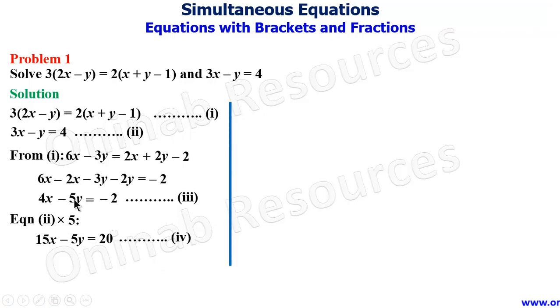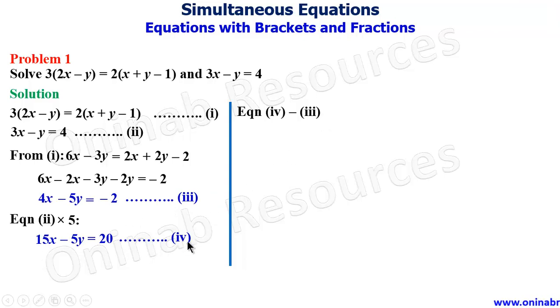Now we are going to subtract equations 3 and 4 in order to eliminate y. Since we have -5y and -5y here, we go ahead and say equation 4 minus equation 3.